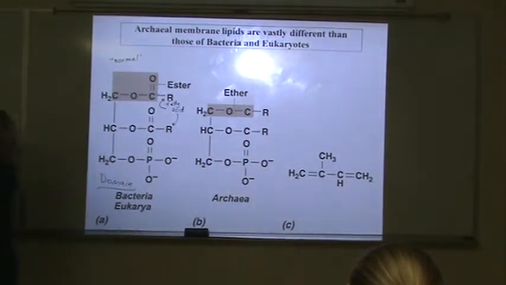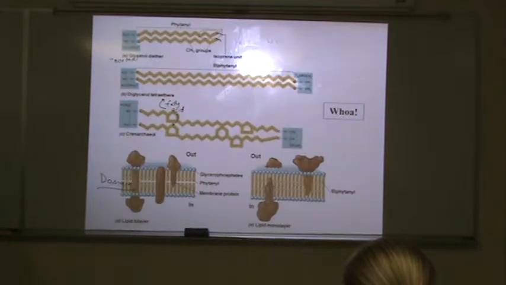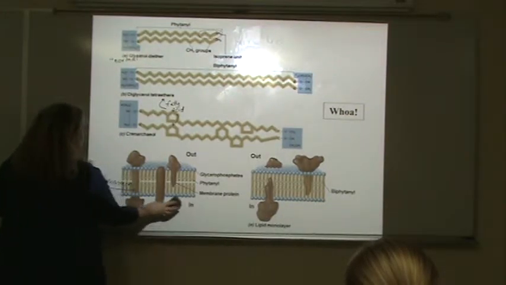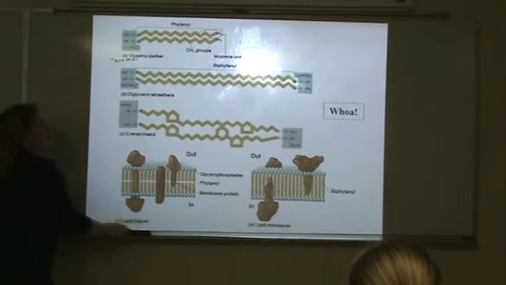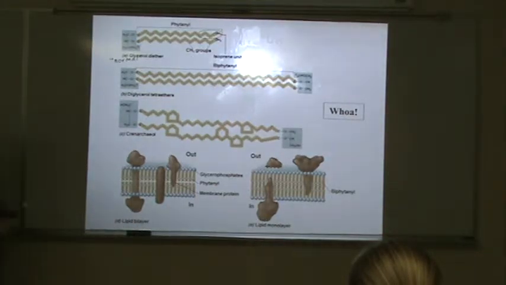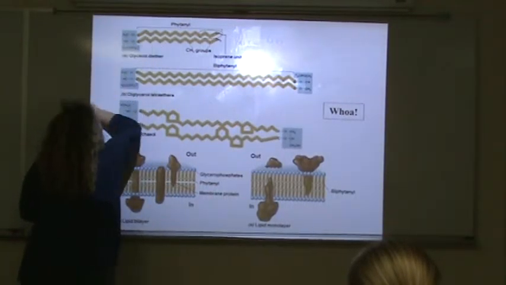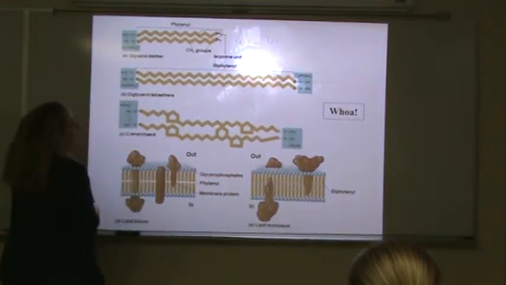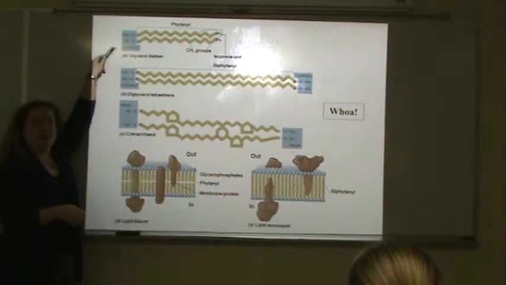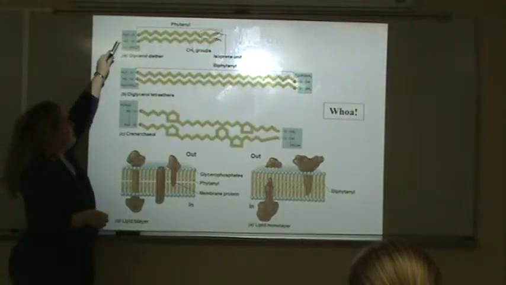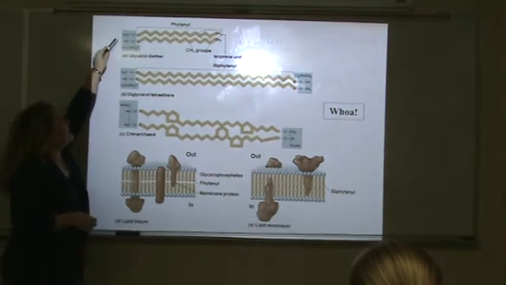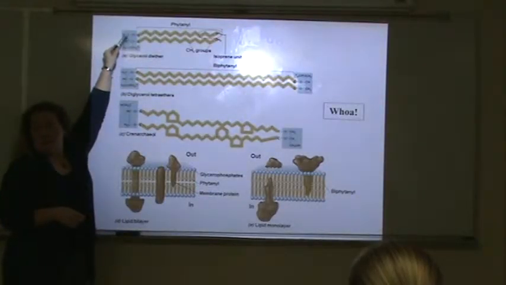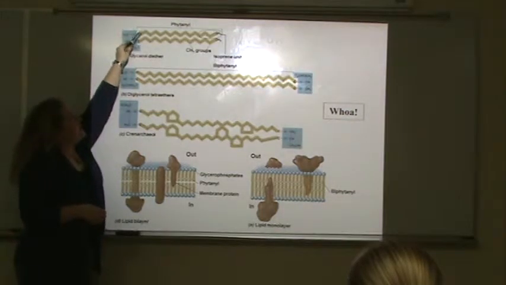Another thing that can be different about archaeal membranes is, I guess I would say, what they'd look like overall. So here would be, from our standpoint, the most normal one. It generally looks like what we think a membrane lipid looks like, except it's got an ether linkage. It's still got two fatty acid tails.